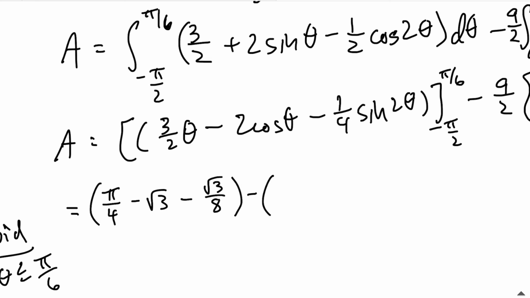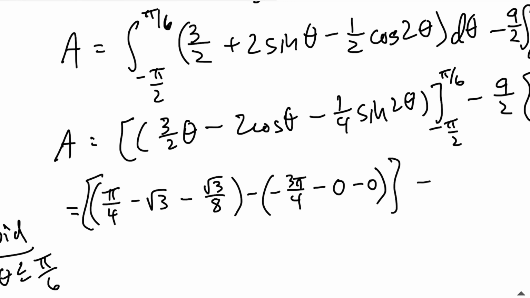Minus, and then at negative pi over 2, so we'll have negative 3 pi over 4. And then cosine of negative pi over 2 is the same as cosine of pi over 2, so that's just 0. And then sine of 2 pi will just be 0 as well. All right, so that's going to be our first integral.